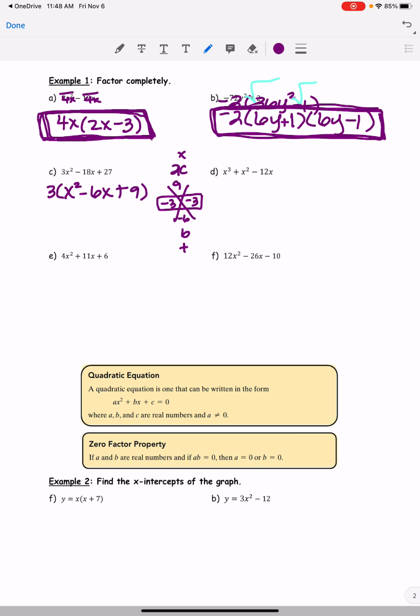Negative 3 times negative 3 gives me a positive 9, but when I add them together, we get that negative 6. Now, if you need to, you can write this out as x minus 3 and x minus 3. But once you see you have the same binomial, you need to condense that. So that becomes 3 times x minus 3 quantity squared.